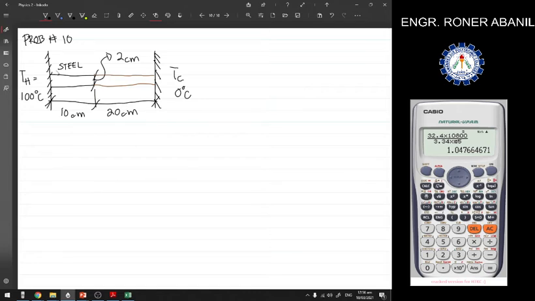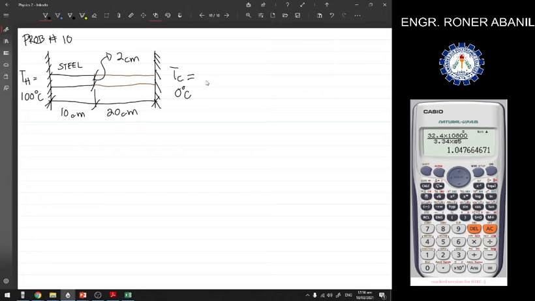So, bali, ito yung situation natin. The heat currents in these end-to-end bars must be the same. So, we have given hot and cold. Pinakita na yung TH is 100, tapos yung TC natin is 0.